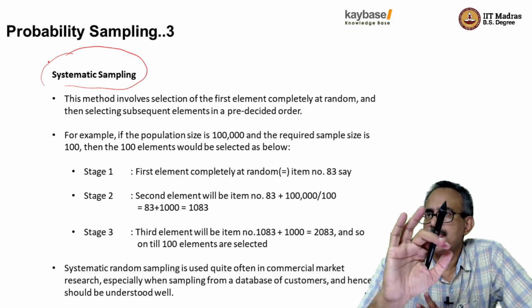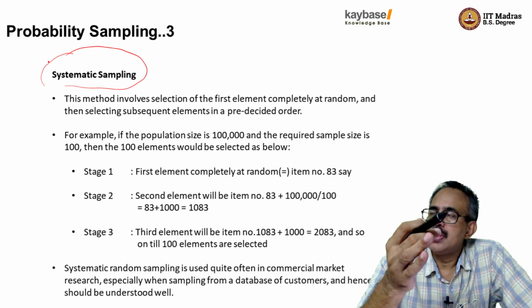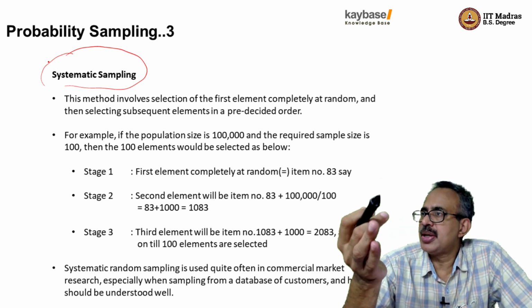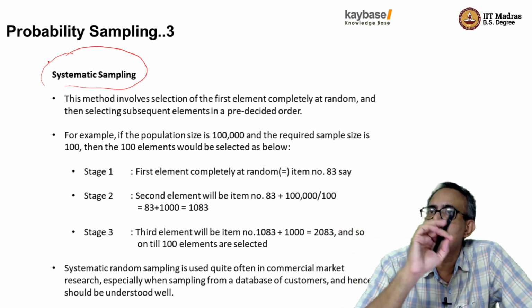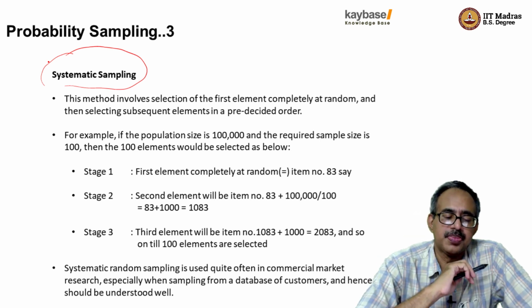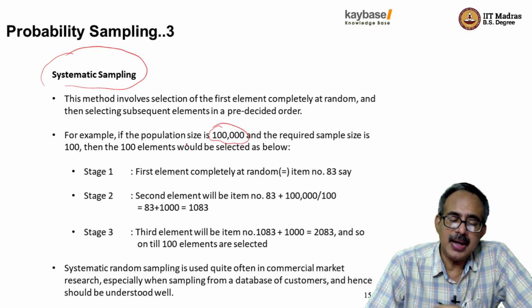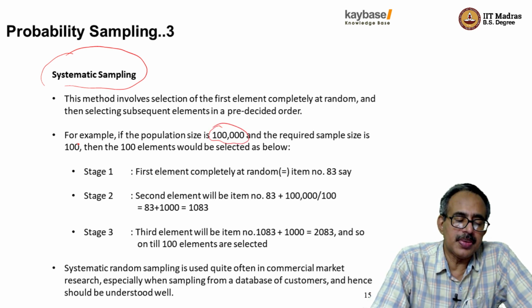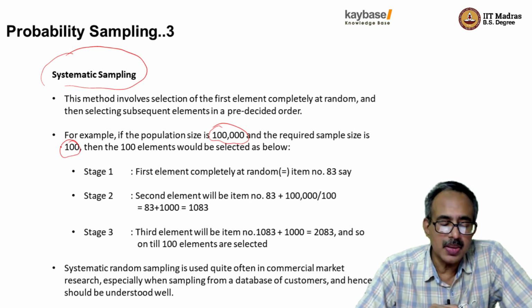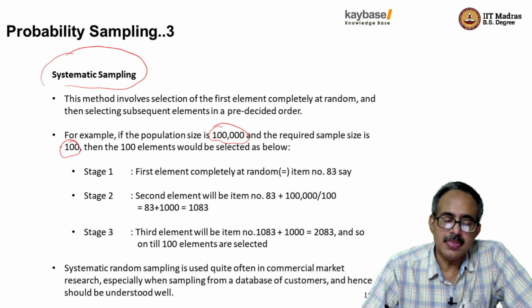Nothing wrong with that. After that, the second and third and fourth person in the sample is selected in a pre-decided order. What is that order? For example, if the population size is 100,000 people, right? And if we have to select 100 people, okay, then the first person, just for example, let us say serial number 83.